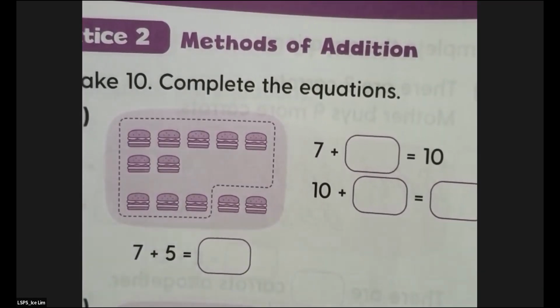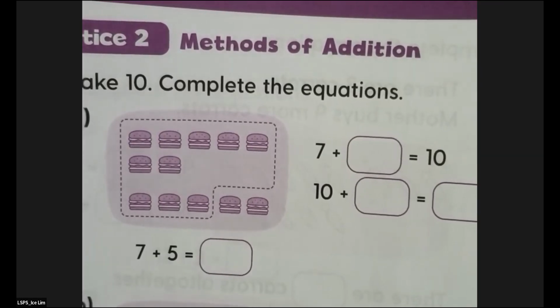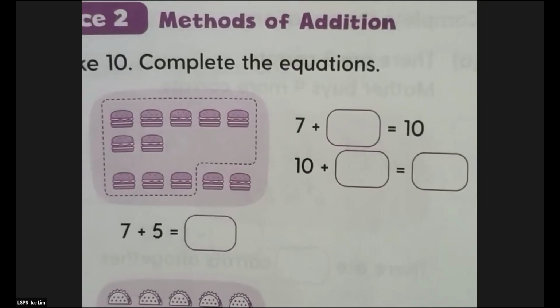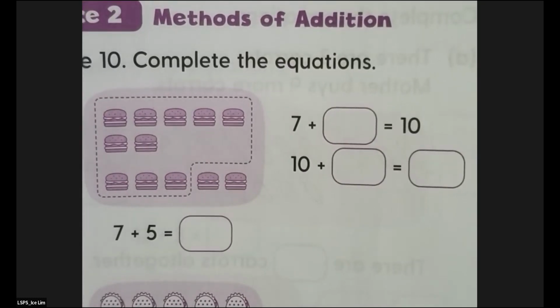How do you think you can split the numbers into their number bonds before doing the addition? You have 7 and 5 now. Can you show the 7 and 5 on your whiteboard with the cubes now?